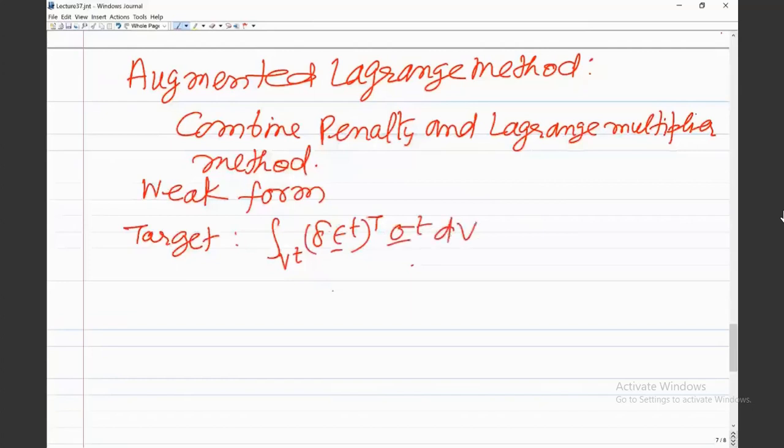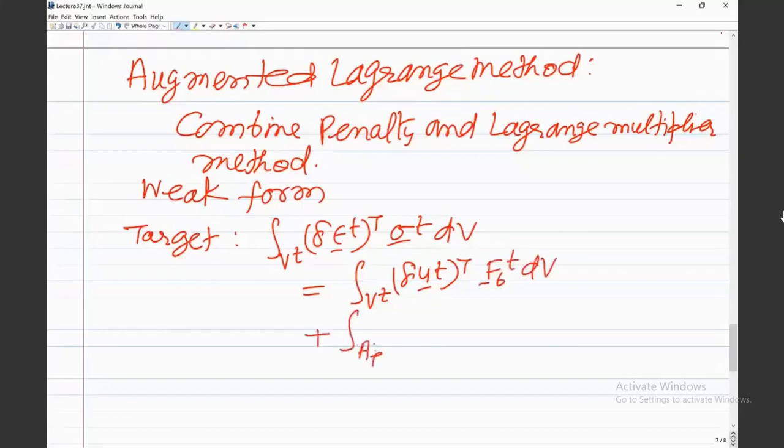This term is the same, and it is equal to the integration over the target body of delta ut transpose into body forces dV, plus the integration over the area where traction is acting of delta ut transpose into traction.